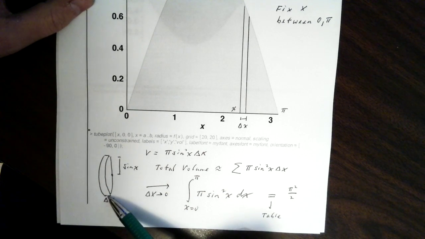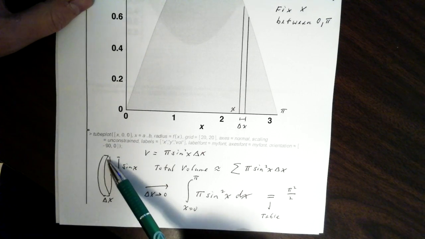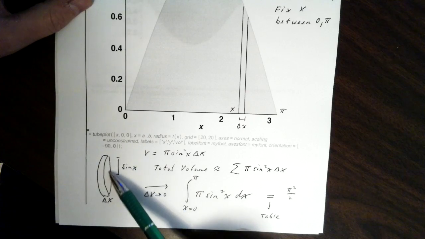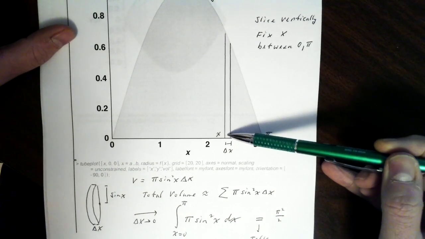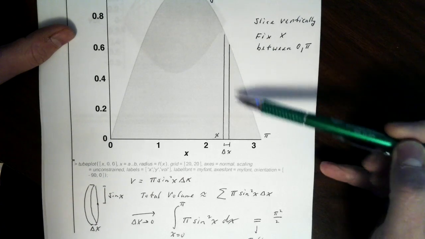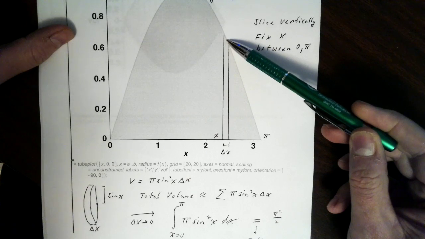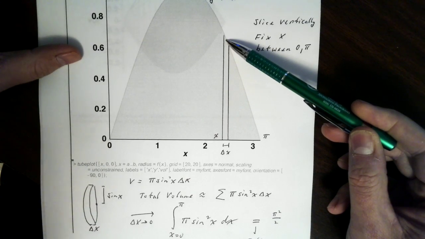The height of this cylinder is a small change in x, delta x, and the radius of the cylinder, which I've denoted right here, is the vertical distance from here up to a point on the curve. Here y is equal to 0, and here y is equal to sine of x, whatever x might be.